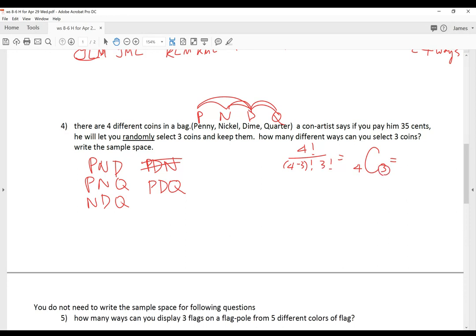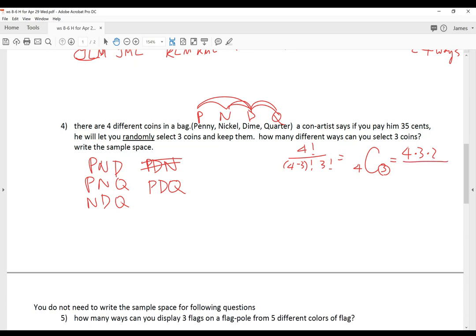Okay, so that was the formula. If you want to work it out that way, that's fine. But it's nothing more than what we did with the permutation from number 3.